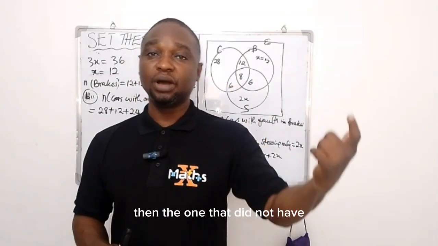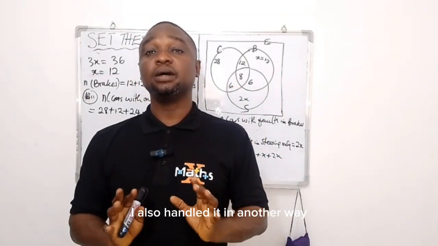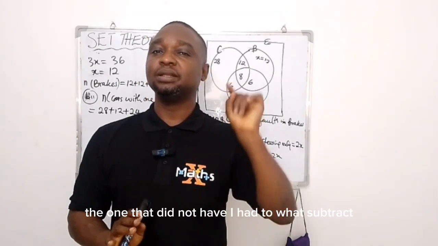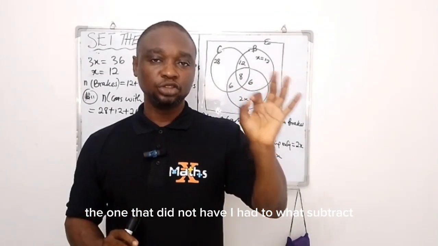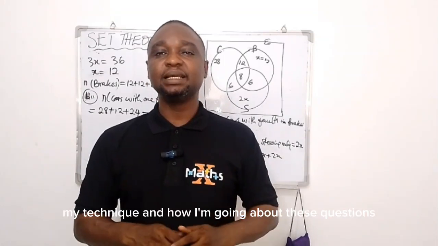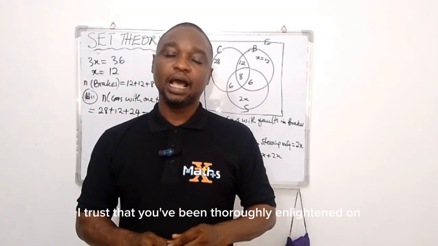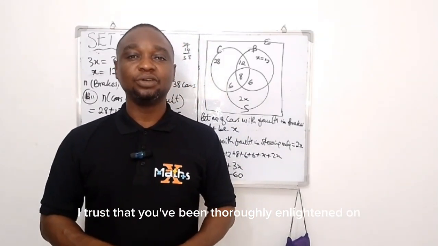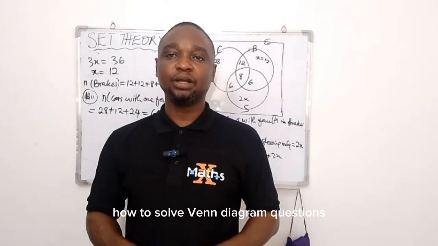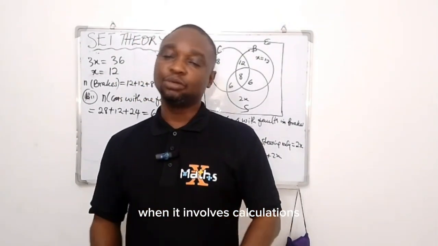The one that did not have, I handled in another way. The one that had only, there were no subtractions. The one that did not have, I had to subtract. So please do check my technique and how I'm going about these questions. I trust that you've been thoroughly enlightened on how to solve Venn diagram questions when it involves calculations.